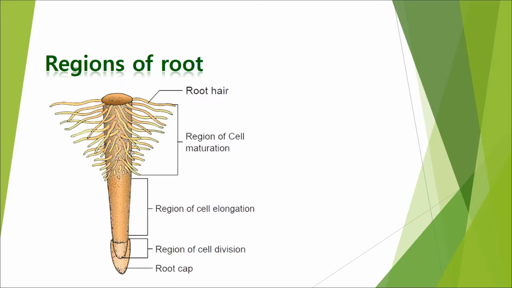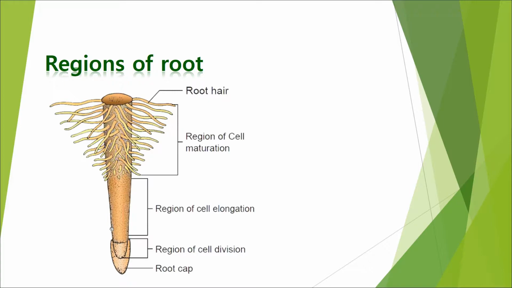Next to the cell elongation region, we have the region of maturation. The meristematic region lies just above the root cap. The zone of elongation is just above the meristematic zone, and the zone of maturation lies above the zone of elongation.